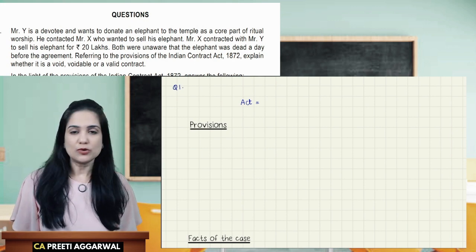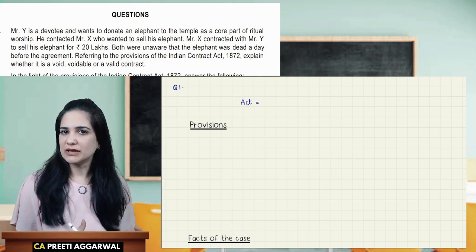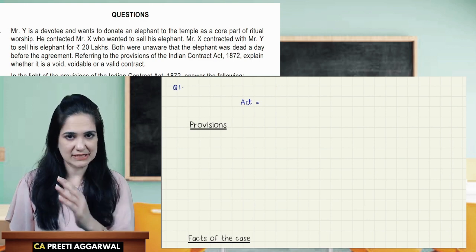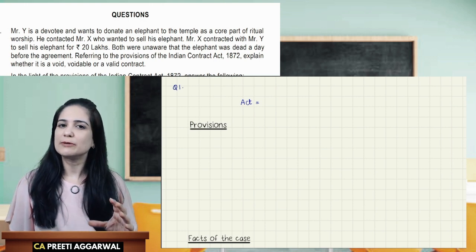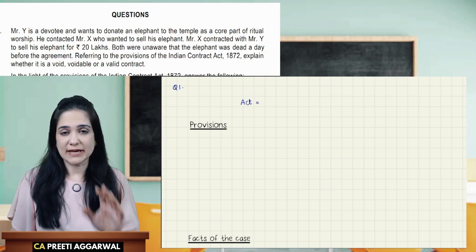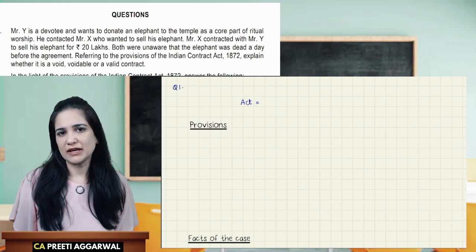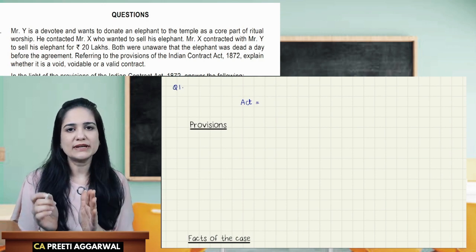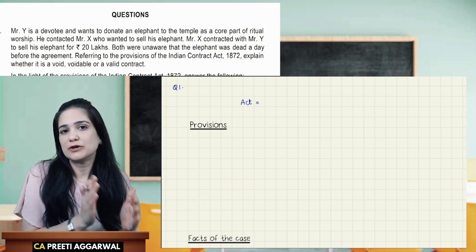Now, you are aware, and I have discussed this in my earlier videos also, that the format to be followed for a case-based question is, you will first start by writing the provisions. In this part, you will only mention the theory, section number, case law, if any. You will not write anything about the question. You will only write the theory part relevant to the question.